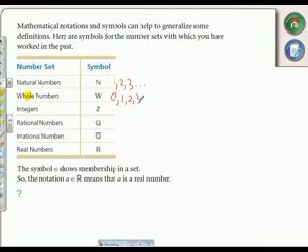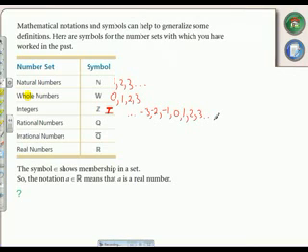The integers can be either Z or I. Z is really just coming from the German word for number, Zahl, Z-A-H-L. But we can use I. So you can use I or you can use Z, either one is fine. And these ones now bring in our negative whole numbers, and including all the whole numbers.